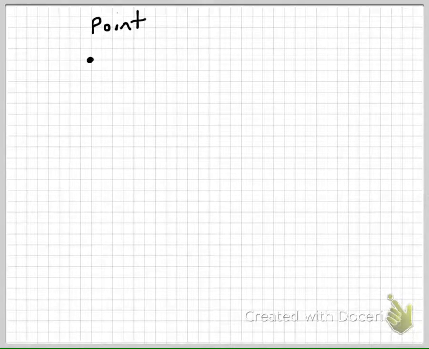A point is a location in space. It's just a location. It takes up no room. A point does not occupy any space whatsoever. We have to draw it so that we can see it, but in reality, it takes up no space. It's a point in space that you go, oh, how wide is that? The answer is 0. It doesn't take up any space. Does that make sense? Okay.